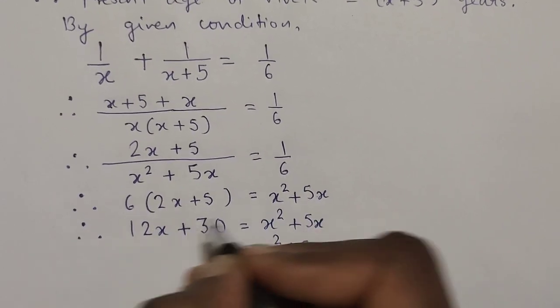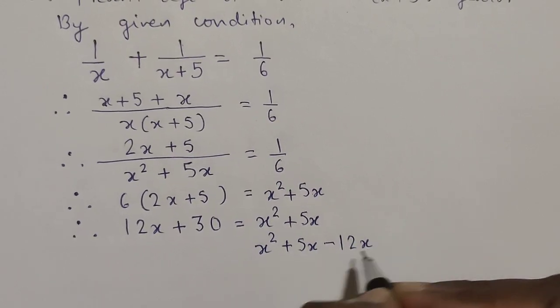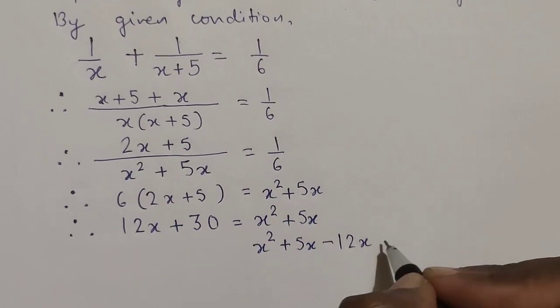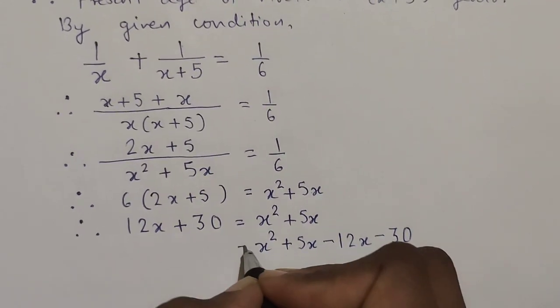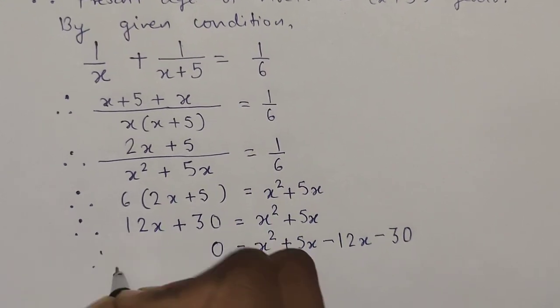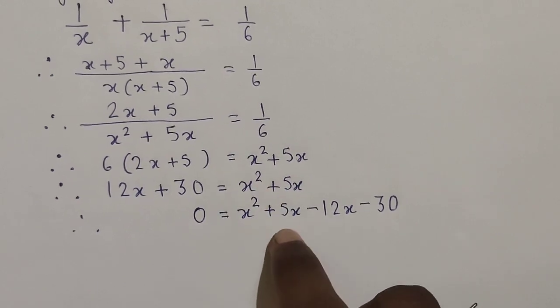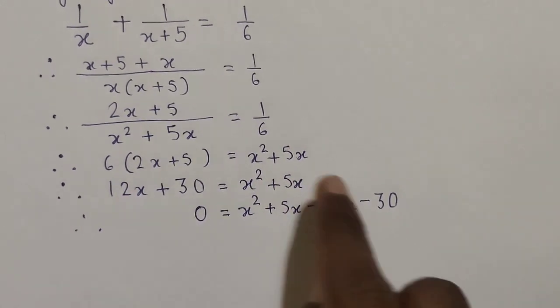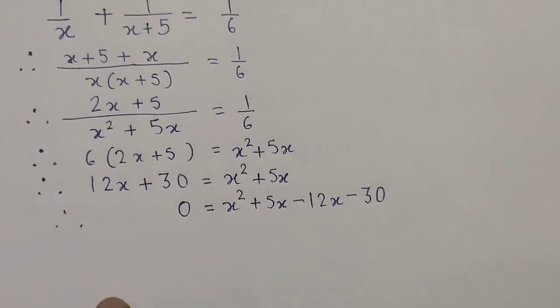Take this 12X to the right hand side so that it becomes minus 12X, and transfer this 30 also, so you get minus 30. Nothing is remaining on the left, so you write 0. We have kept these two as they are, then transferred 12X and 30, so we have changed the sign.